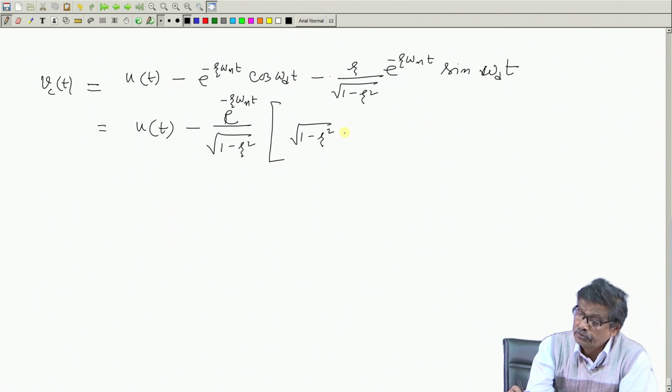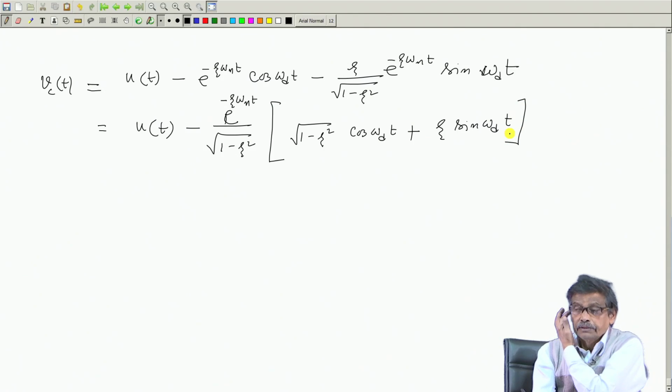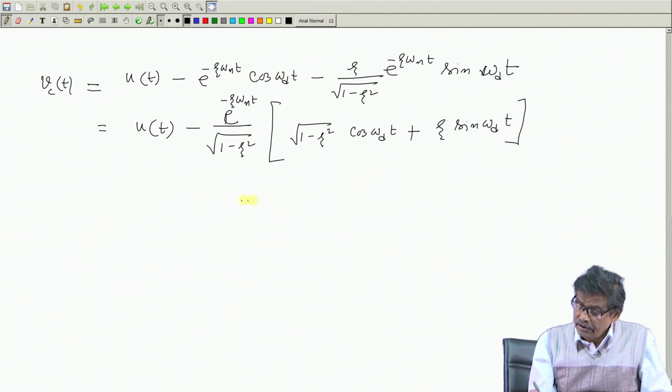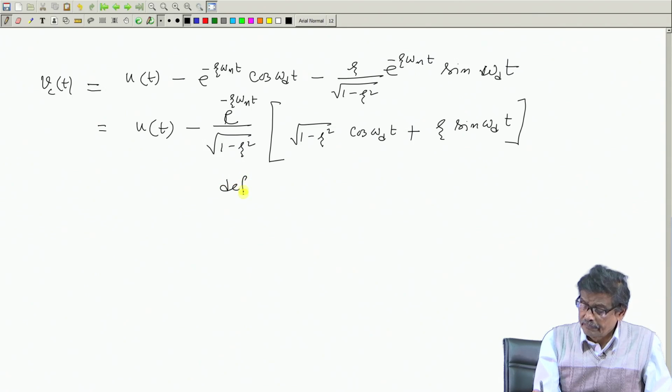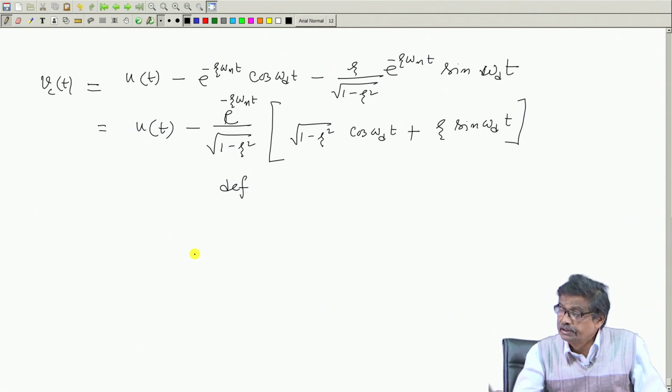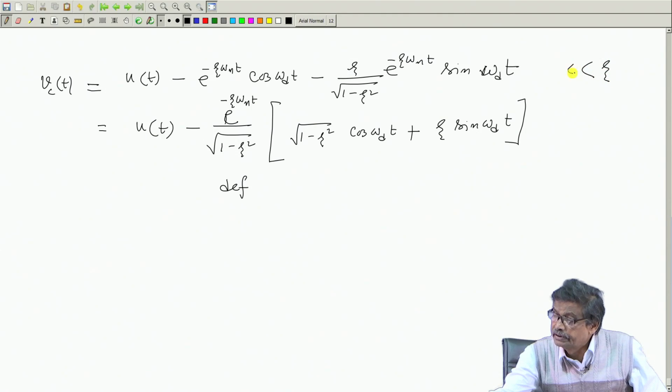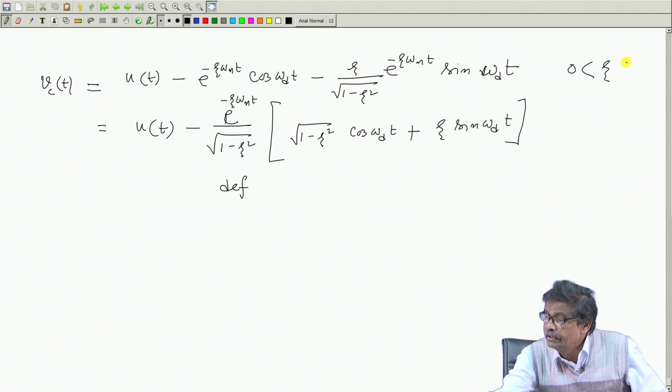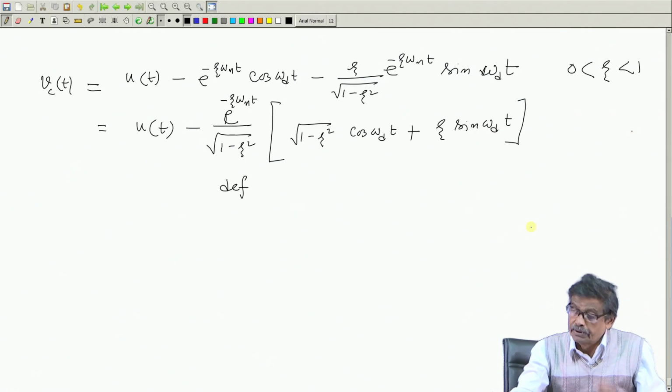So, this will be cosine omega d t, and this will be also plus zeta sin omega d t, this will be the thing, is it not. Mind you, root over 1 minus zeta square is a number less than 1 in this case. What is the range of zeta? Greater than 0 and less than 1, but positive number.